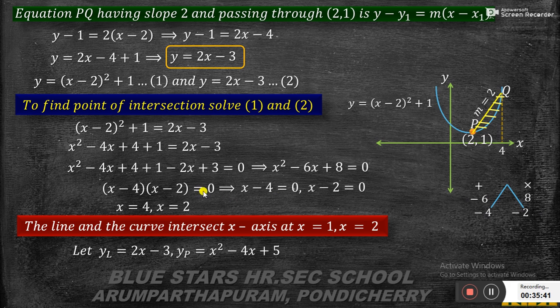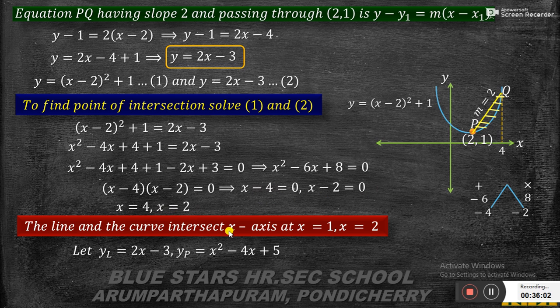So (x minus 4)(x minus 2) equals 0. Therefore x minus 4 equals 0 gives x equals 4, and x minus 2 equals 0 gives x equals 2.